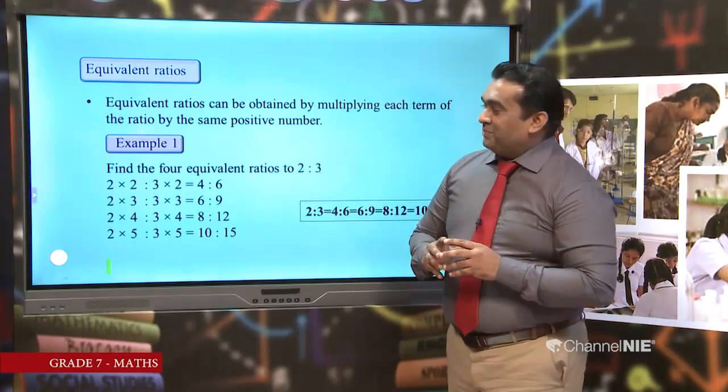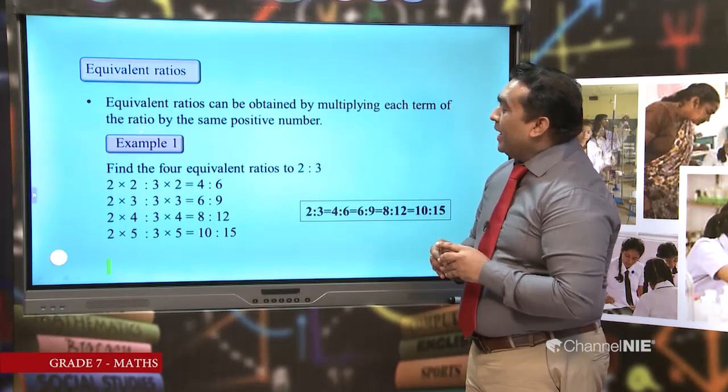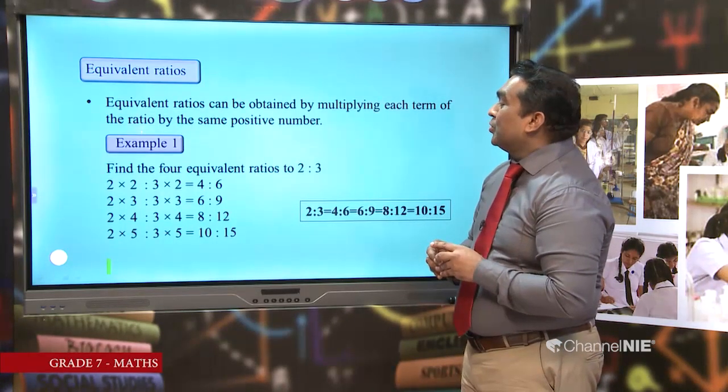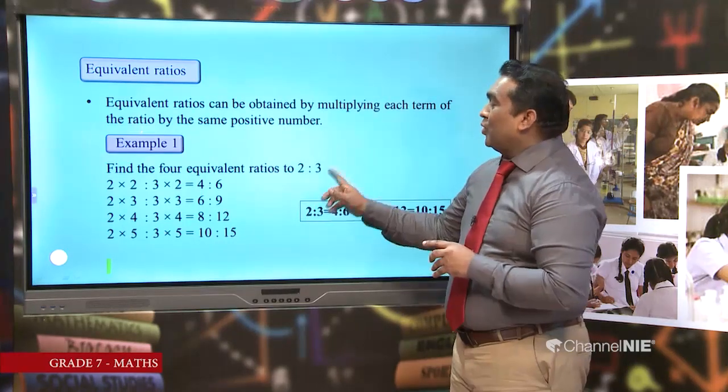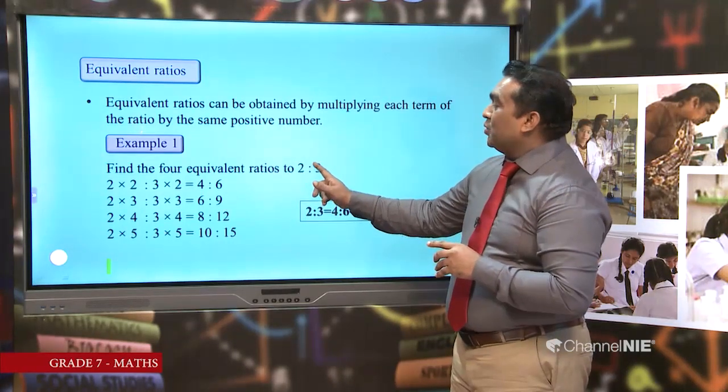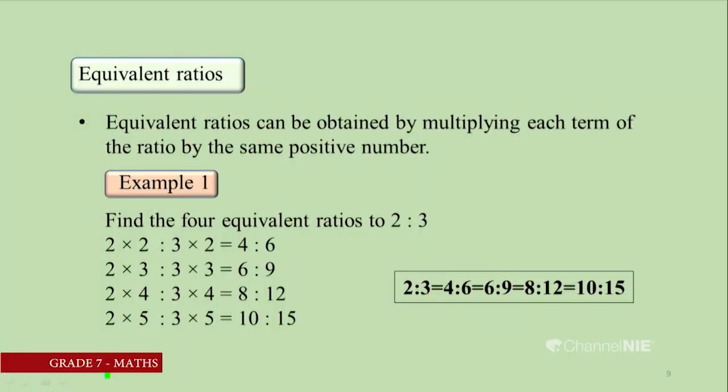Example number 1. Find the 4 equivalent ratios to 2 to 3. Now you can multiply 2 by 2, 3 by 2, then 4 is to 6. Now multiply 2 by 3, 3 by 3, then 6 to 9. Then multiply 2 by 4, 3 also by 4, then 8 to 12.